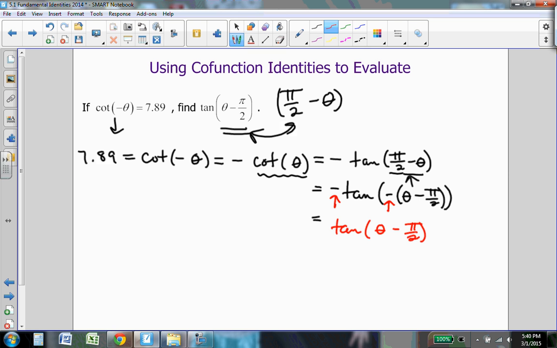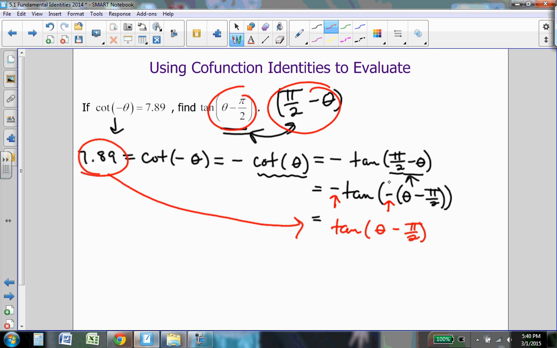And therefore, we have that the expression is equal to the tangent of theta minus pi over 2. There's a lot of different ways to approach this problem, and we had to use multiple identities, including the even and odd and the cofunction identities. But one of those strategies, especially when you see things like this, is to factor out a negative and use that with the other identities.